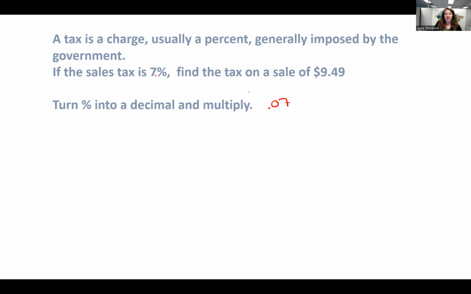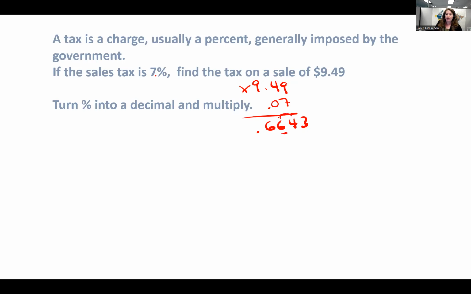It says turn that percent into a decimal, and then we're going to multiply it by the price. So $9.49 times 0.07 is, my calculator says, 0.6643. Well, I have to round to the nearest penny.